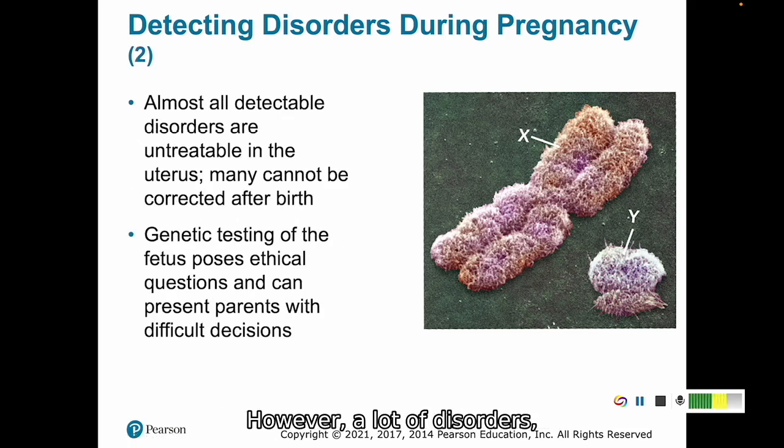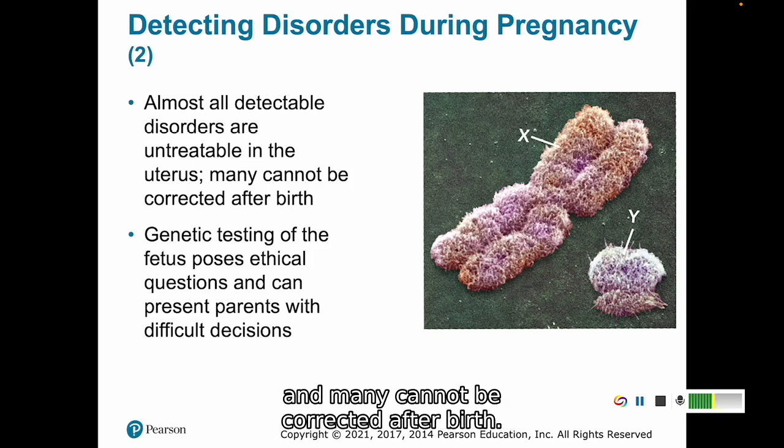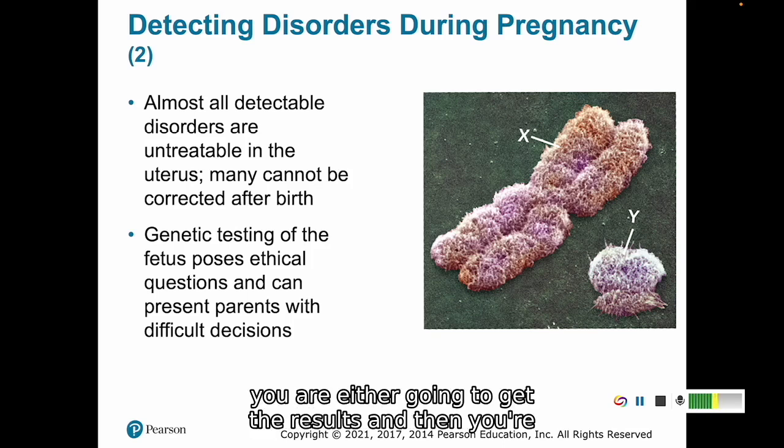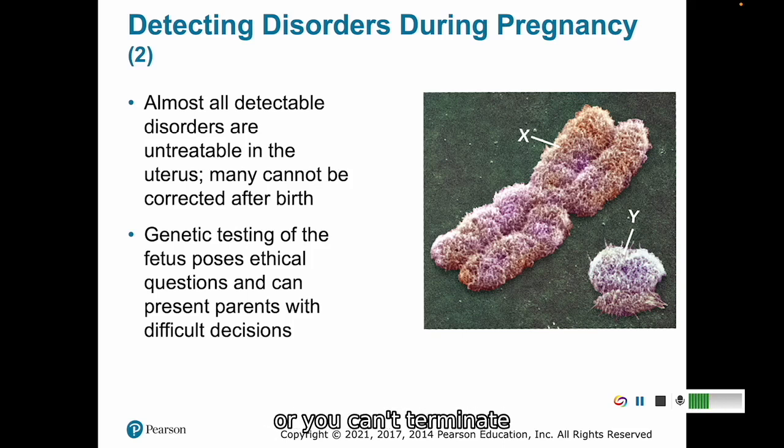However, a lot of disorders, even most disorders, almost all, are not going to be treatable in the uterus, and many cannot be corrected after birth. So in a lot of cases, you are either going to get the results, and then you're left with the options of this is a pregnancy that needs to be terminated because you can't handle it, or you can't terminate the pregnancy for personal beliefs.